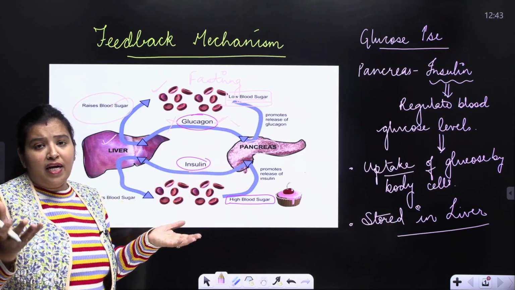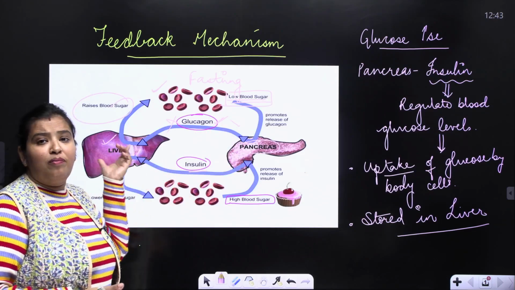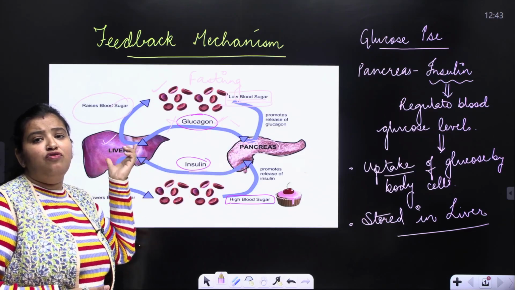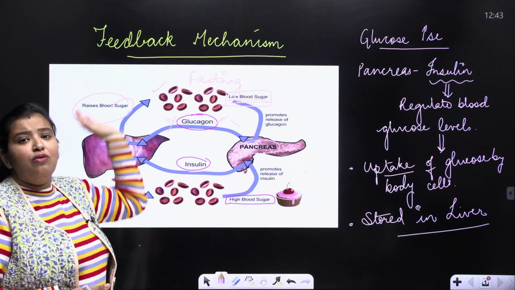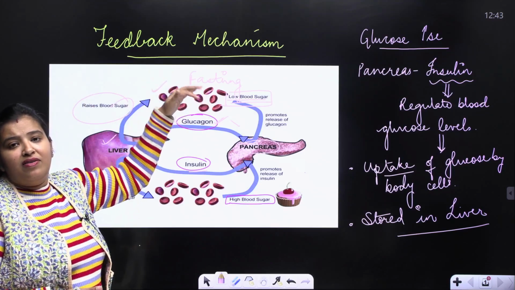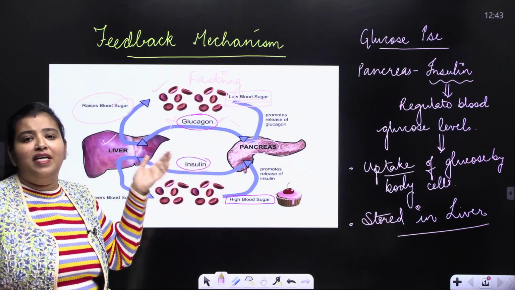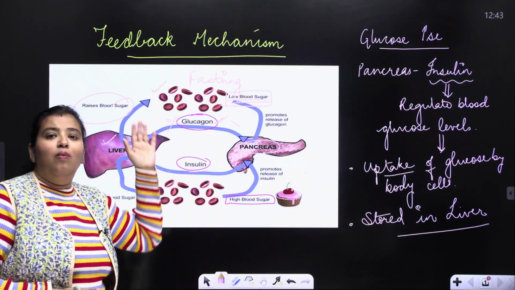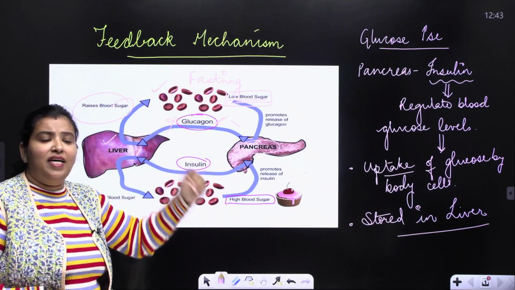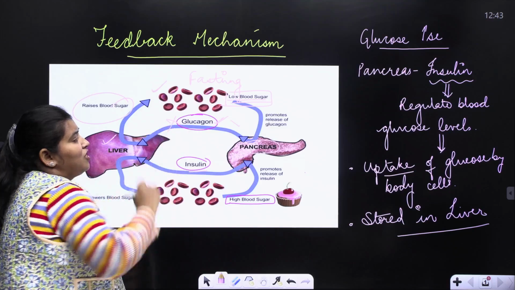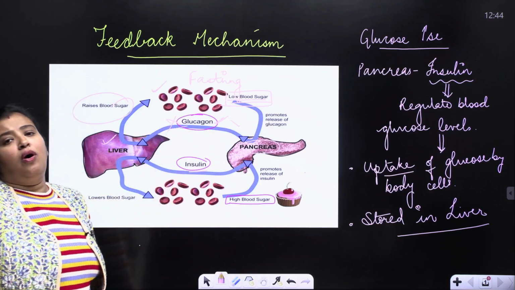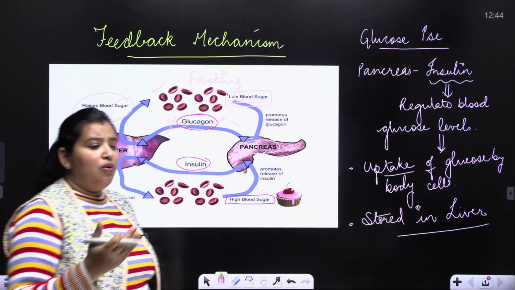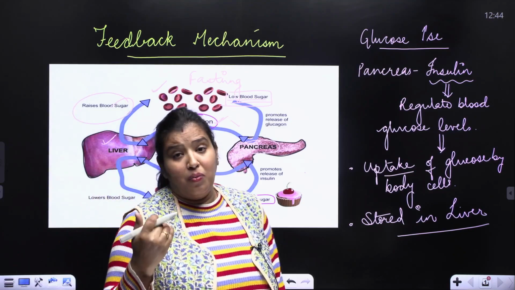So from where will you get this glucose? You get this glucose from the liver. The conversion is going to take place from stored food back into glucose, increasing the levels in the blood to maintain a normal concentration. Once that normal concentration is attained, the glucagon production is going to stop. So this is how the feedback mechanism works.